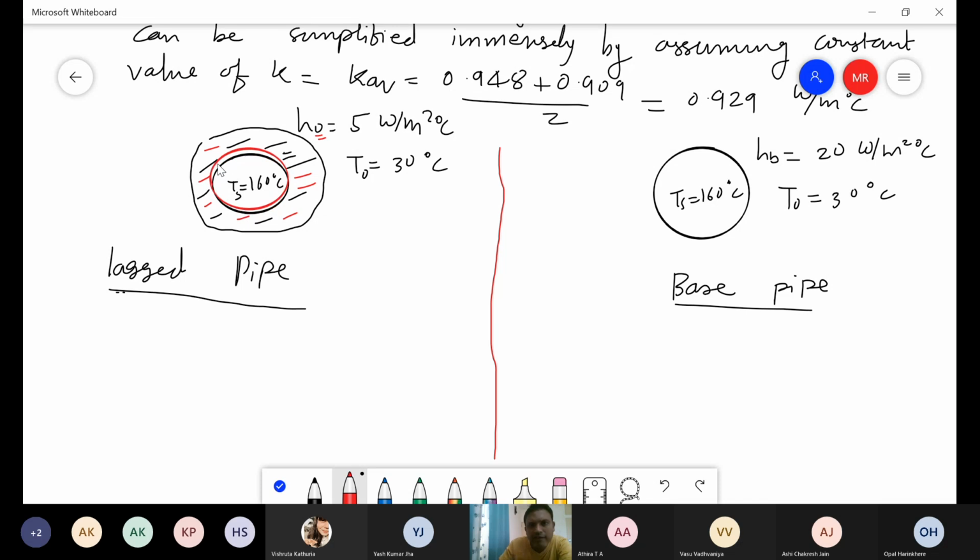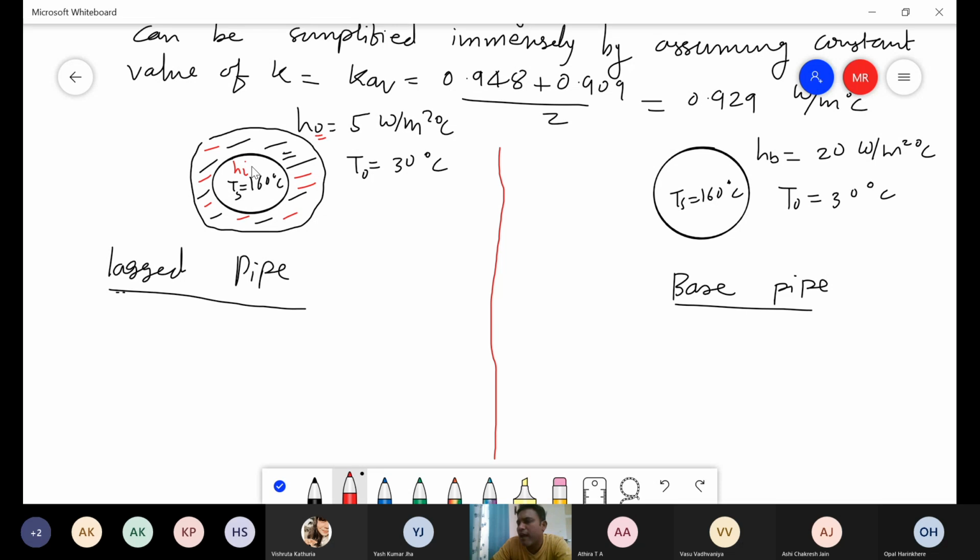We can safely neglect the resistance offered by the metal wall, and also we can neglect the convective resistance which will be there because of this Hi here, isn't it? Because the steam is flowing through this pipe at a very high temperature, there will be higher turbulence, and therefore the value of h is going to be very high.